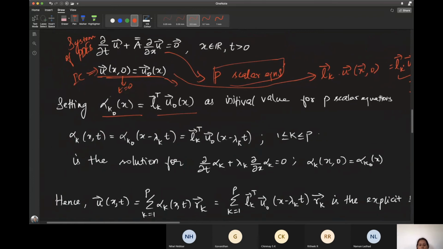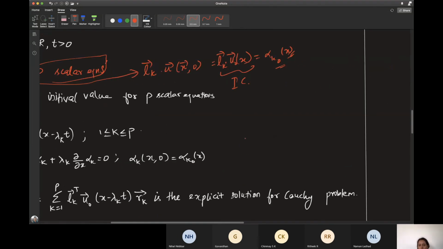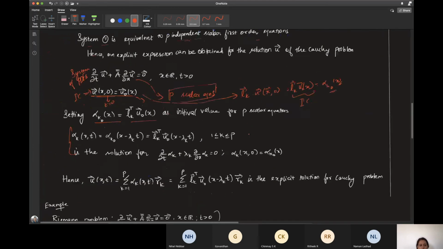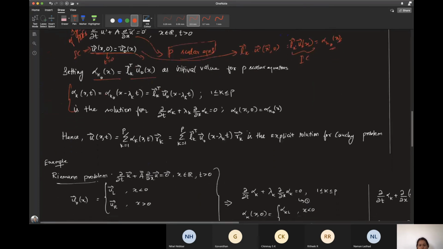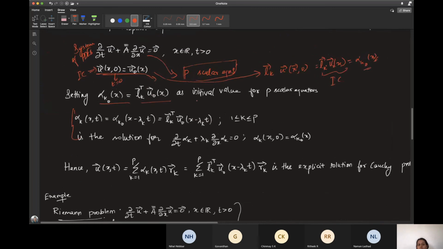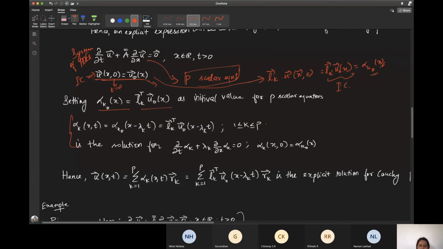Now this is the solution. Do you guys remember how we solved this linear convection equation earlier?